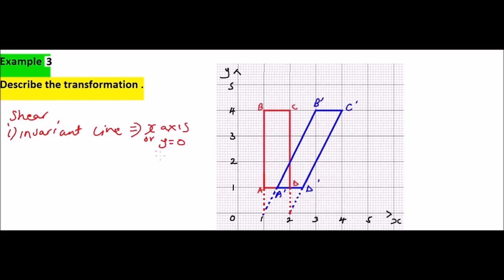That is the invariant line, and we can take any one point, like B. B, whose coordinates are 1, 4, has been transformed to B prime, whose coordinates are 3, 4. So that is how we describe the transformation known as shear.